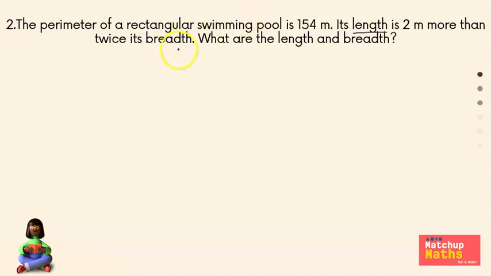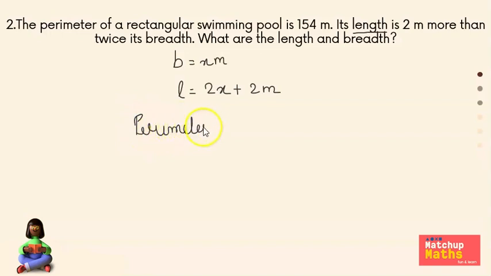So we will assume that the breadth is x meter and the length is twice its breadth and 2 more, so it will be this. Now we are given the perimeter. We know that the perimeter of a rectangle is equal to 2 into (L plus B).